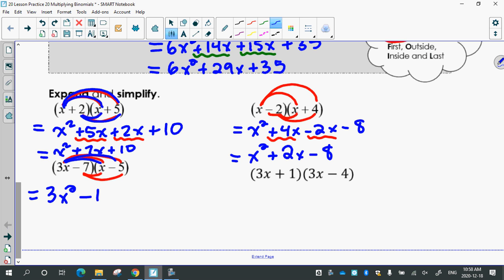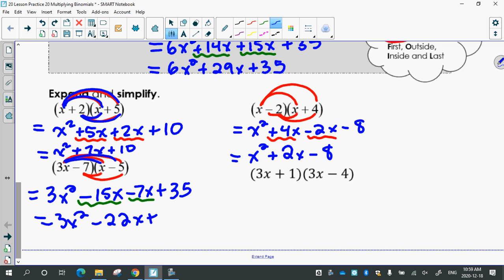Outers, negative 15x. Inside, negative 7x. Outside, positive 35, because it's a negative times a negative. Those are your like terms. So you end up getting 3x squared minus 22x plus 35. Enjoy lunch.